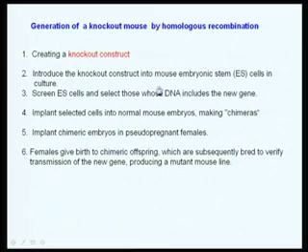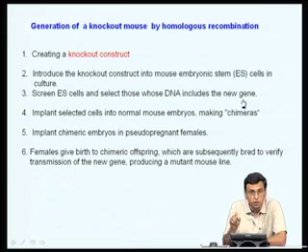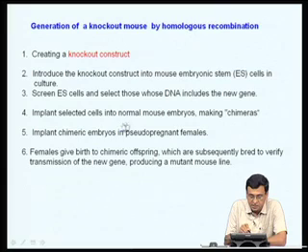In the transgenic construct, the normal version of the gene is usually expressed to make the wild type protein, whereas in the case of a knockout construct, usually the gene that you are introducing will either carry a mutation or a deletion of a certain region. Once you make a knockout construct, you introduce it into mouse embryonic stem cells in culture, and then screen the embryonic stem cells and select only those whose DNA includes the new gene, and then implant the selected cells into normal mouse embryos, making a chimeric mouse.